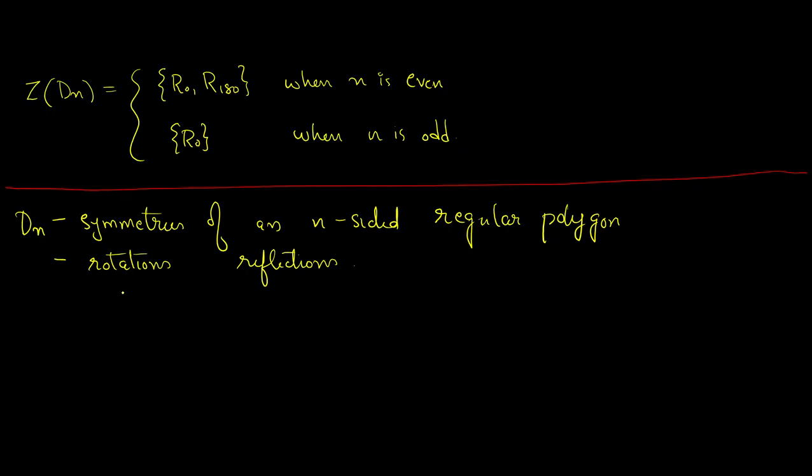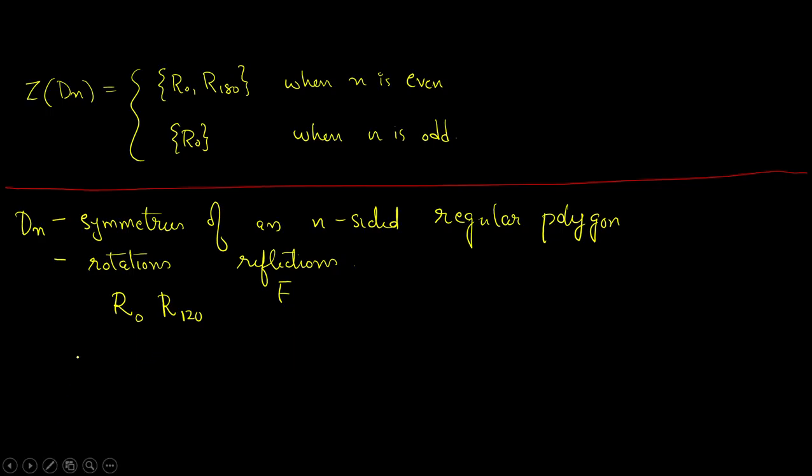Now these rotations I am going to denote by R, and the reflections I will denote by F. The subscript I will use to denote the angle of rotation. Say for example, R0 will mean a rotation by 0 degrees, and R120 will mean a rotation by 120 degrees in the anti-clockwise or counterclockwise direction.